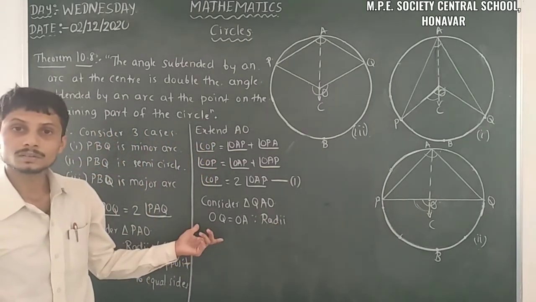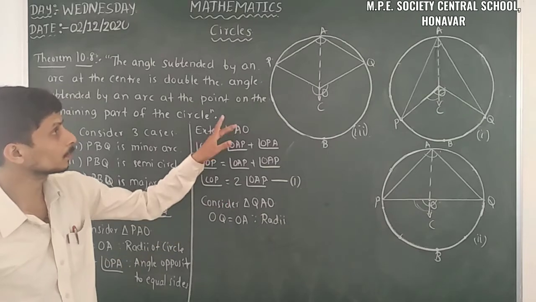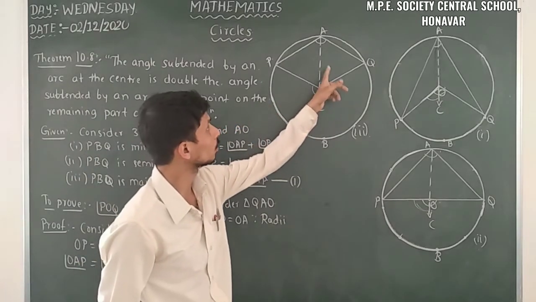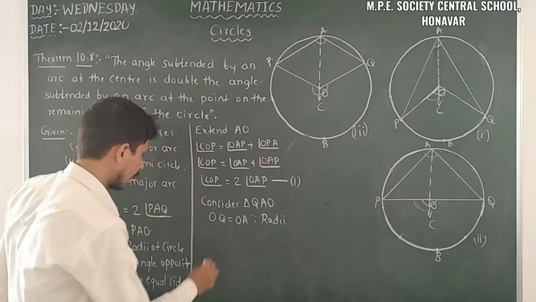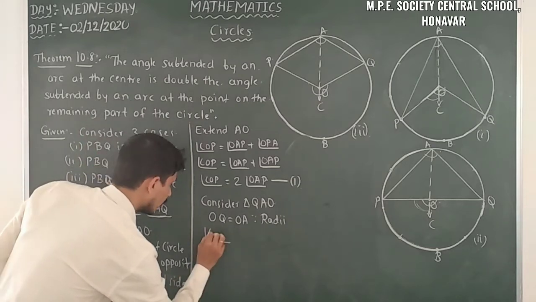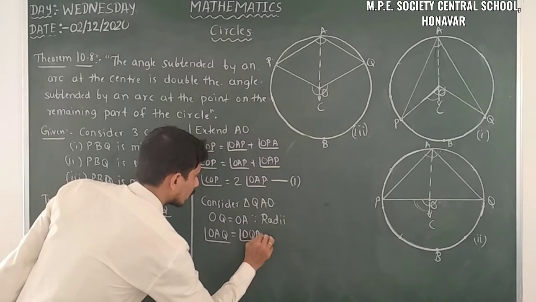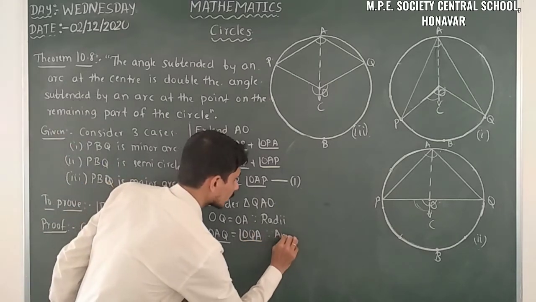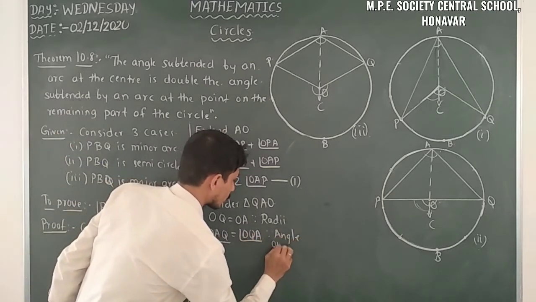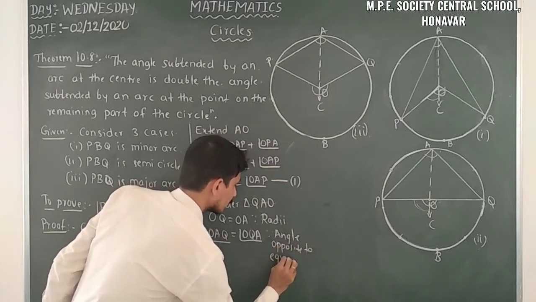Then the angles opposite to the equal sides are equal. The side is OQ, so angle OAQ is equal to angle OQA, because angles are opposite to equal sides.